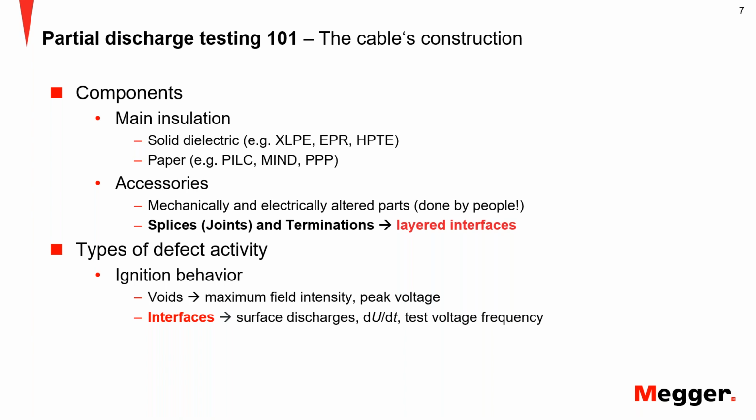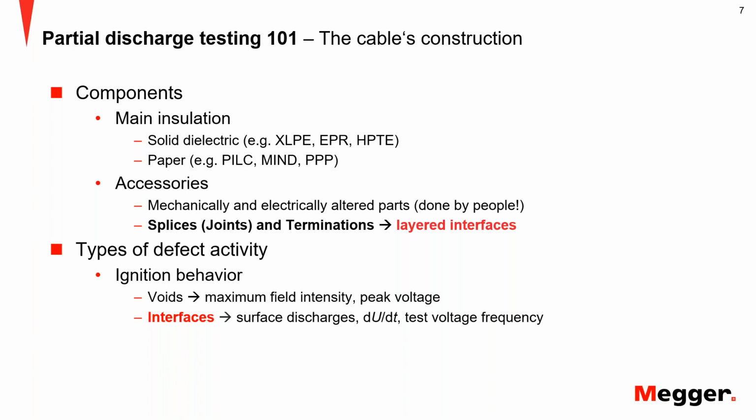The tricky thing here is that this layer of two materials, which then forms a surface between the two, is subject to something called surface discharges when it is subjected to voltage. And these surface discharges have a behavior that is a function of the gradient, the rate of change.